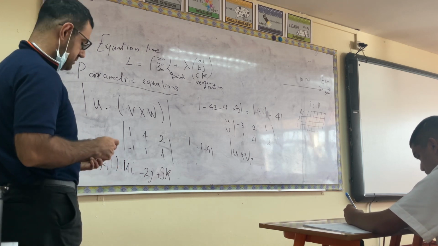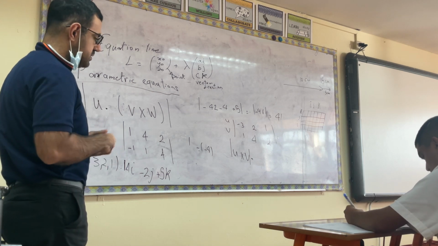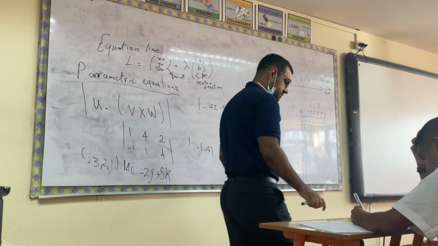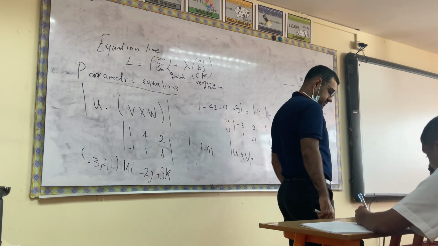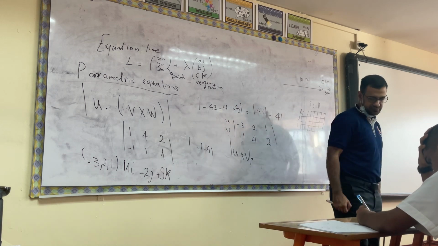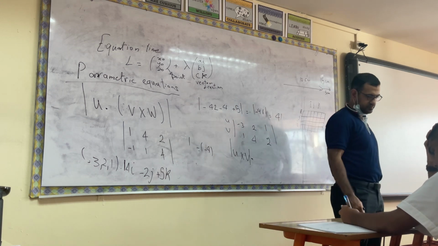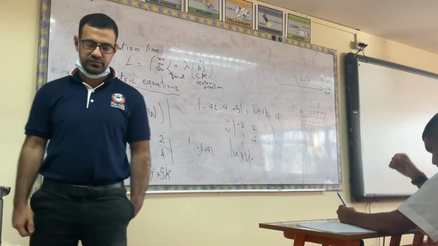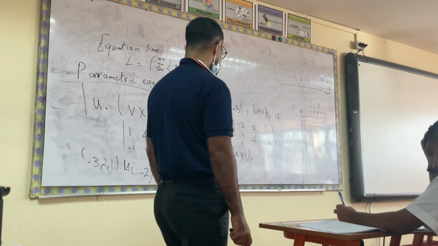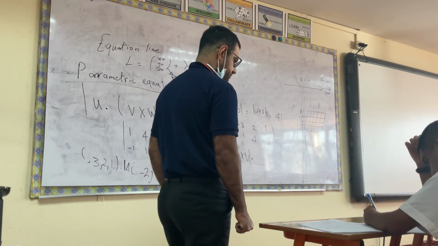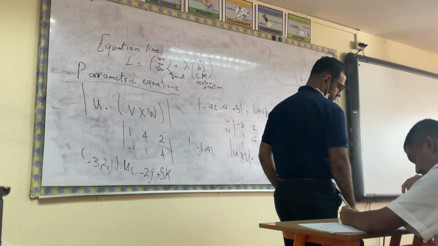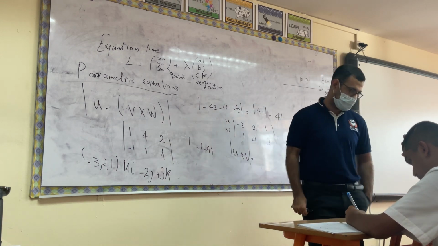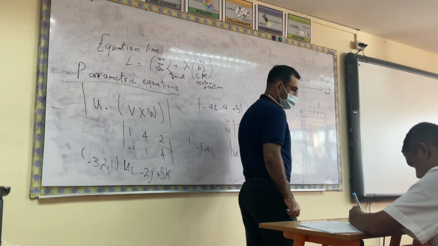Negative 3 to negative 6. Minus 1. Negative 12 minus 3. Negative 9. Zero, 9 minus plus 7, minus 15.